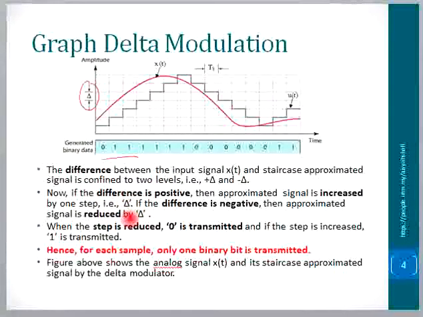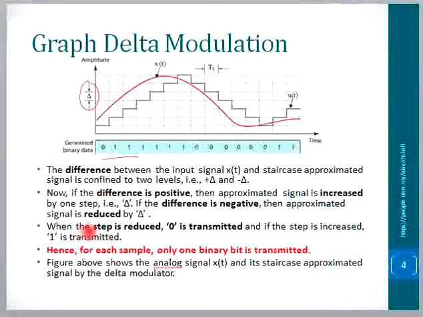If the difference is positive, then the signal is increased by one step. If the difference is negative, then the approximated signal is reduced by delta. S(t) is the original signal, and u(t) is the staircase signal, and we have Ts for the prediction of the staircase signal.